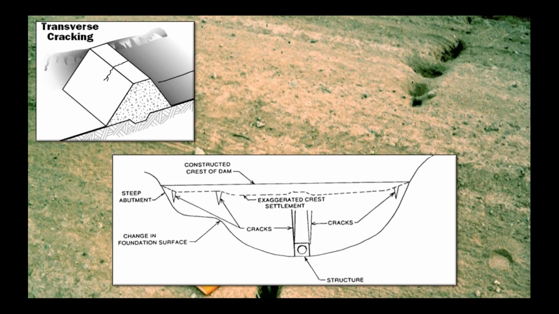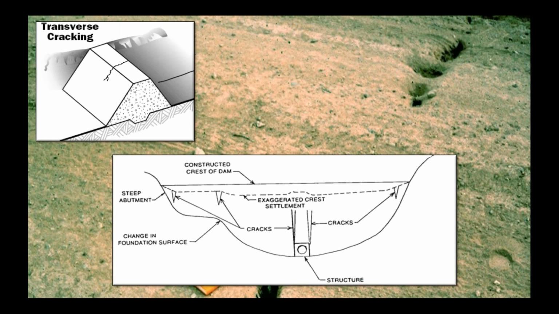Even if you have anti-seep collars and a concrete cradle, you can get a failure there, because at that location, that's a hard spot in the embankment. And to the left and to the right of these anti-seep collars and the conduit, the soil is compressible. But right at the conduit, it is not. That's a rigid structure.